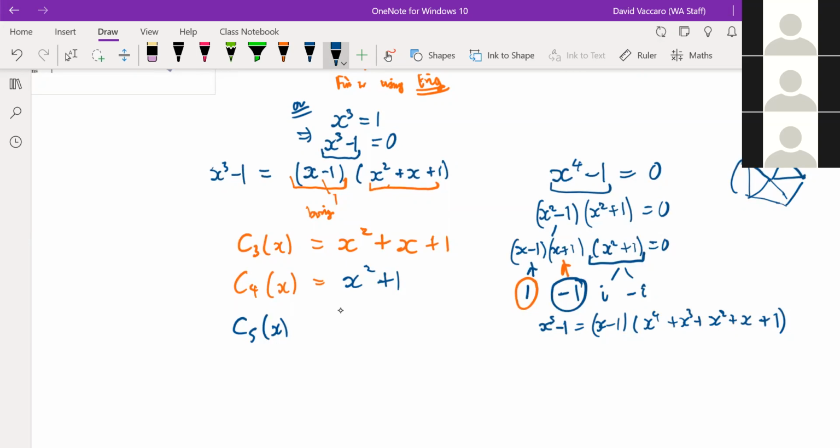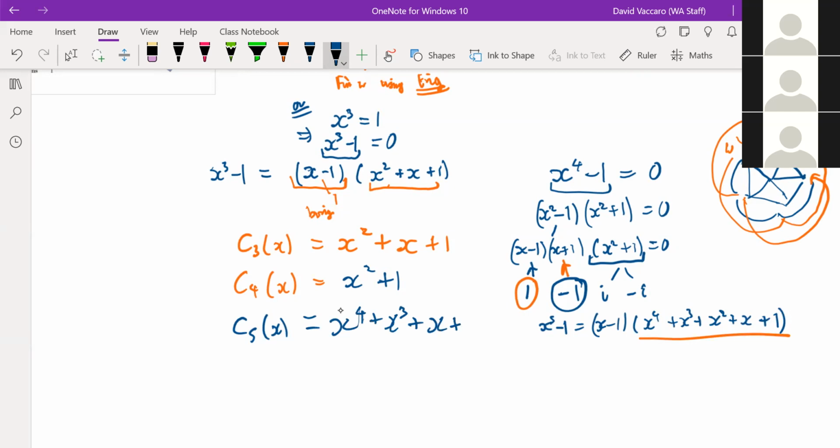If we cube it, we get to the third one. If we fourth power it, we get to the fourth one. We need 5 powers to get all the way around. If we start at omega squared, if we square it, we get to the fourth one. If we cube it, we get to the 6th one, which is really the first one. If we fourth power it, we get to the third one, and we only get round to the start when we get to the 5th power. So this whole polynomial here, x to the 4 plus x cubed plus x squared plus x plus 1, is satisfied by the primitive roots.